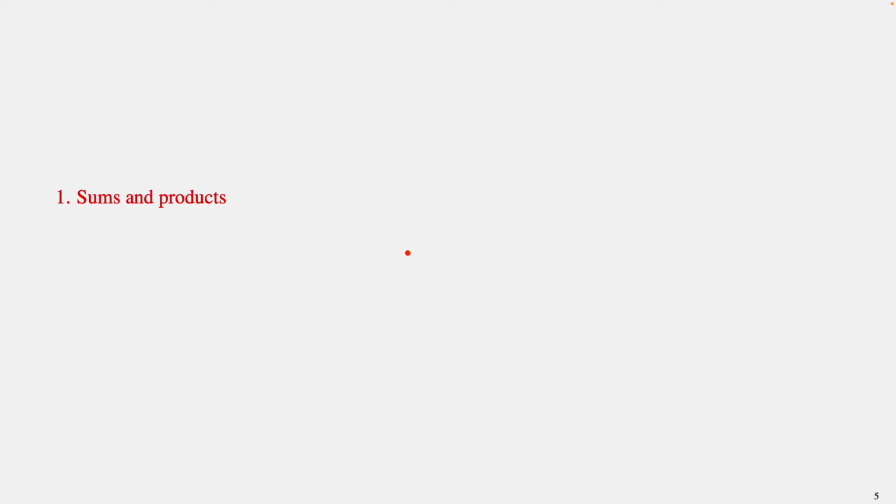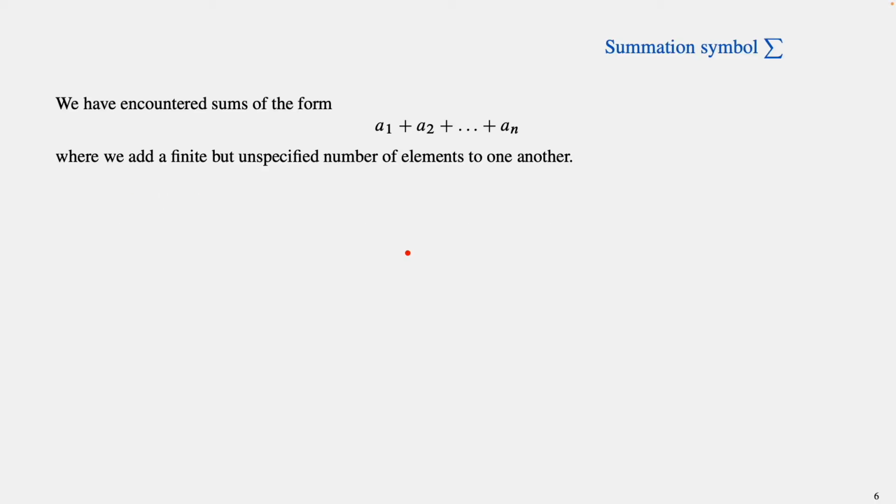Let's begin with sums and products. So we have already encountered sums of the form a1 plus a2 plus ... plus an, where we add a finite number of elements from some sequence, but it's not necessarily specified how many elements we add, so that's why I use the index n here.